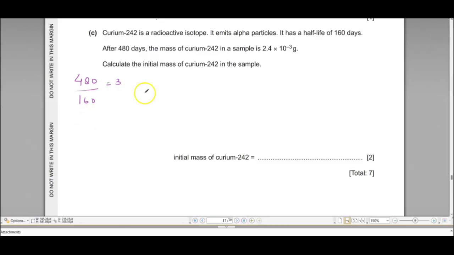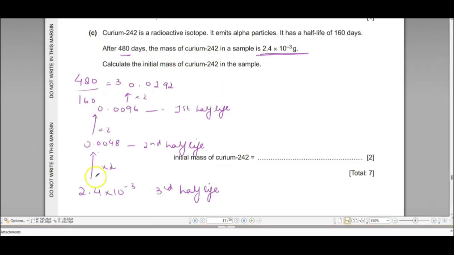Okay. So they just told you that after 480 days, the sample has 2.4 times 10 raised to the power minus 3 grams of curium left. So what was the initial mass? Okay, to understand the scenario, let's do reverse engineering.